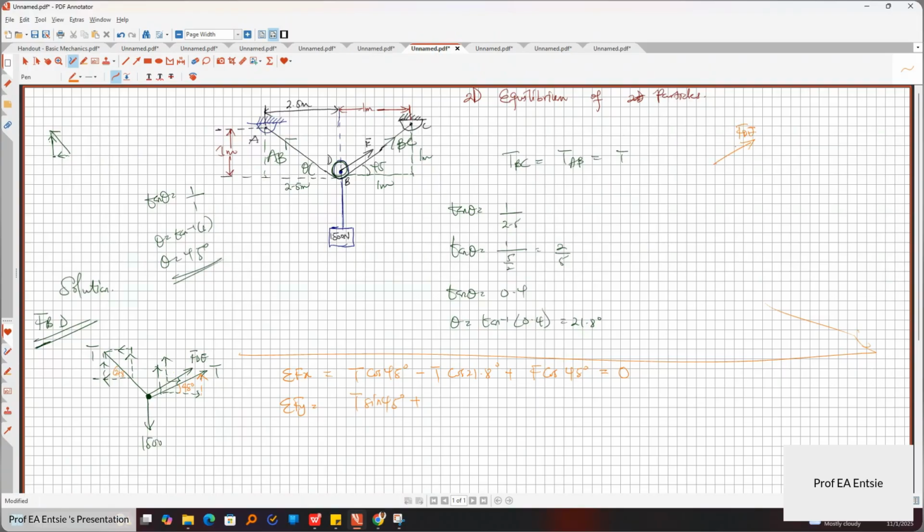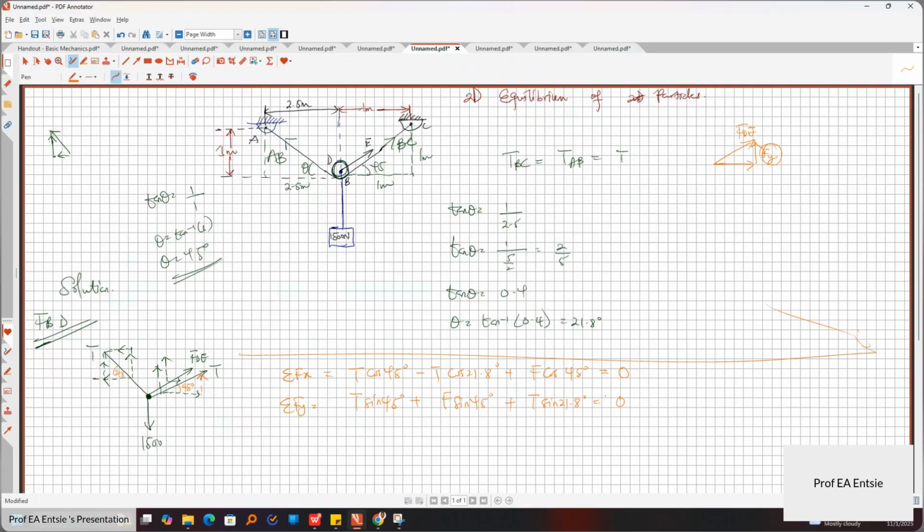So it means the X component will go like this, then come up. So this is what I'm calling the Y component. So positive F sine 45 degrees, then plus another T sine from the other side, T sine 21.8. Now the summation of forces in the Y is also zero if you want equilibrium.